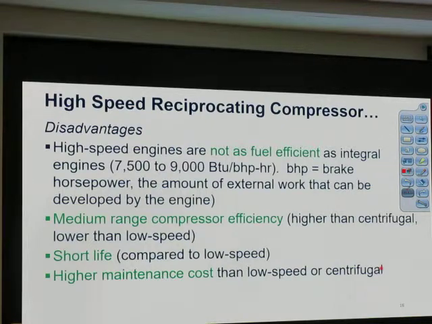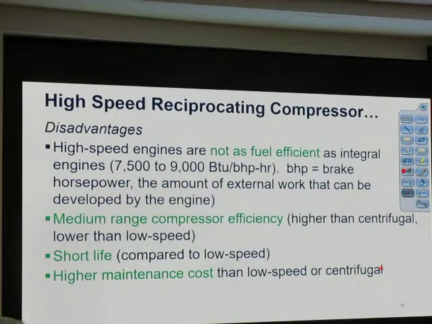Okay, the disadvantage of high speed is not as fuel efficient as integral engine. So you have this much BTU per brake horsepower per hour. Brake horsepower is the amount of external force that can be developed by the engine.